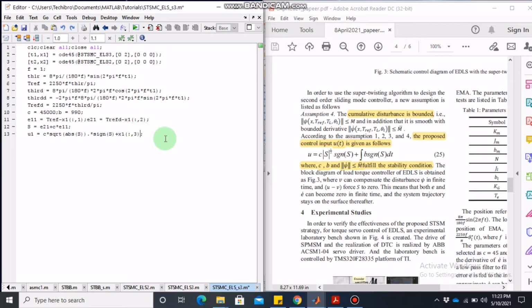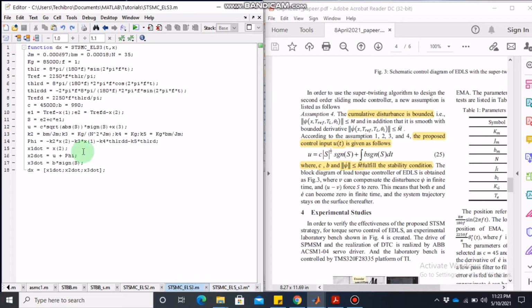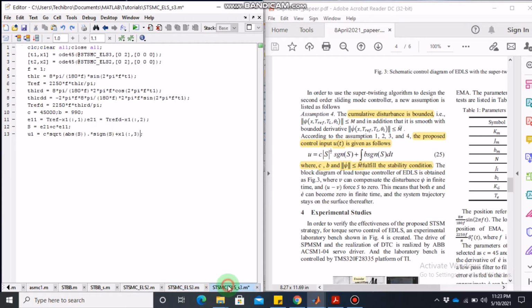Since this is in the equation of U, there we have a third state variable. Notice this difference so that you will know how to write the control system, get the control in the script file out of the function file.